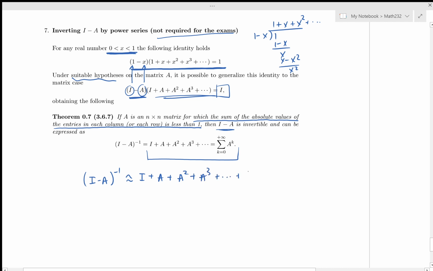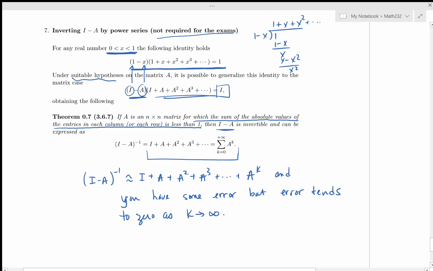You stop at a certain point and you have some error, but the error tends to 0 as k tends to infinity.